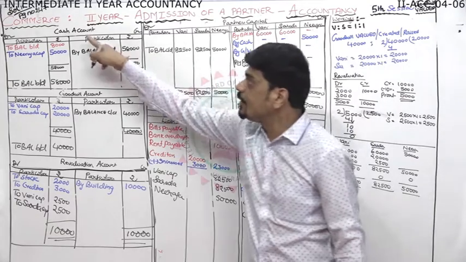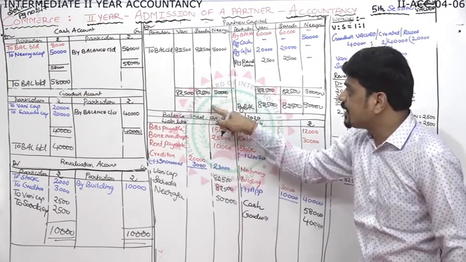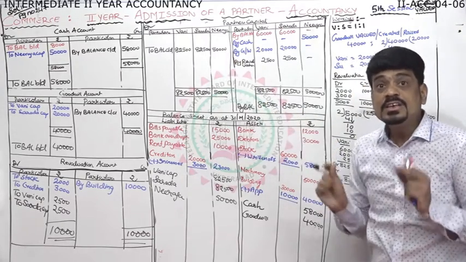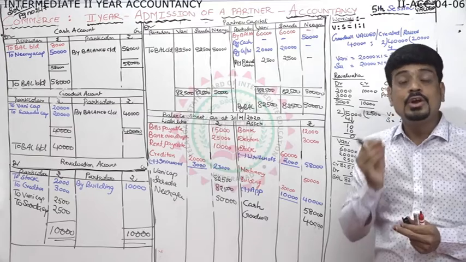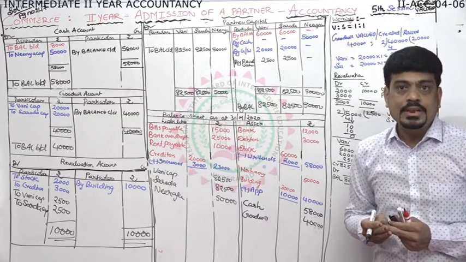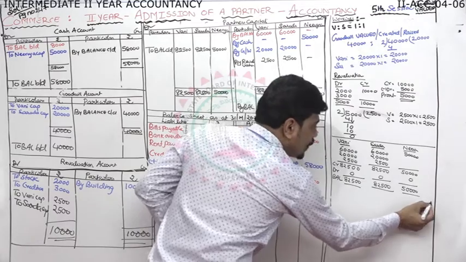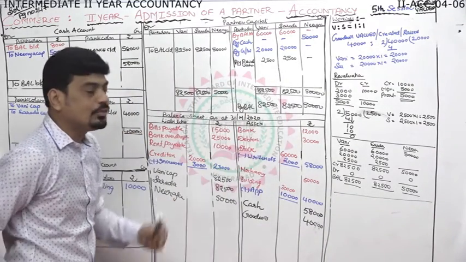Like that, whenever you do cash account, bring the balance here. Like that, when you do partner's capital, after closing, bring down the balance. These are the things which are important and essential to get 20 out of 20 marks. So now, balance sheet. 101% your balance sheet will tally. That is guaranteed for you because you have done all the postings correctly.